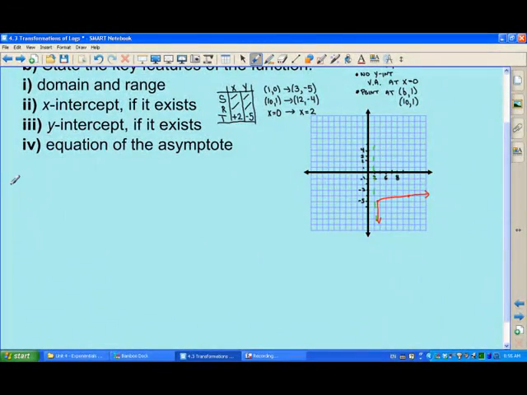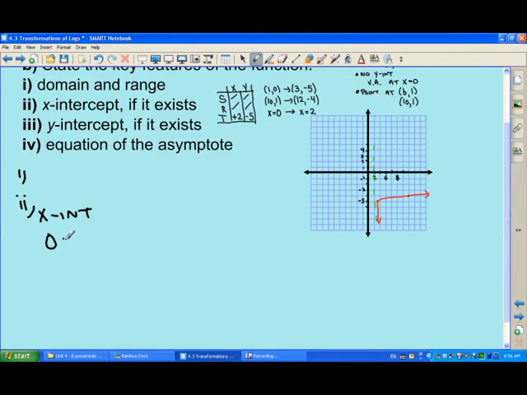And finally, I'm being asked to find the key features, the x-intercepts, and the equation of the asymptote. We'll do the domain and range last, actually. Let's start with the x-intercepts. X-intercepts happen when the y value is 0.